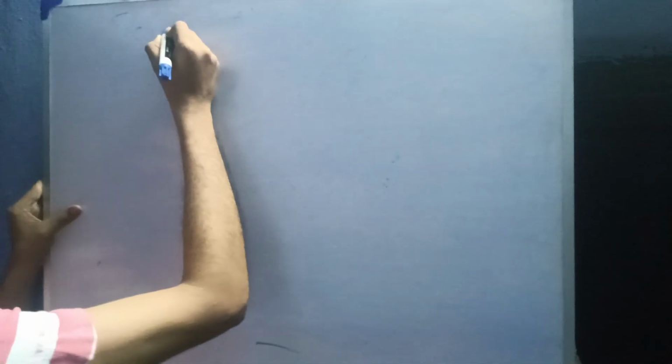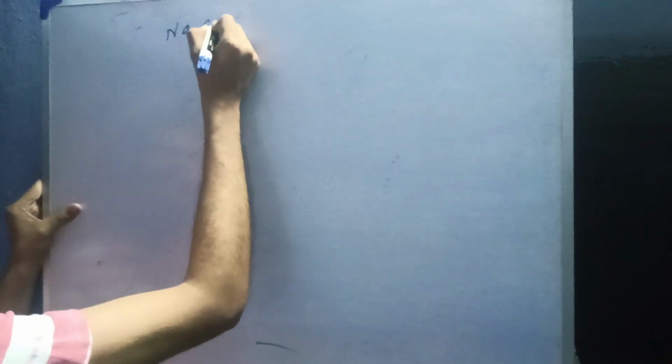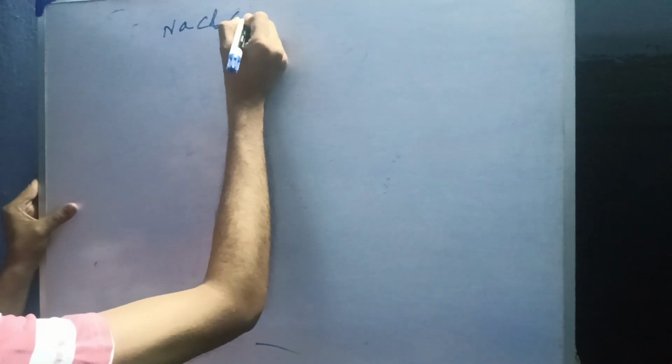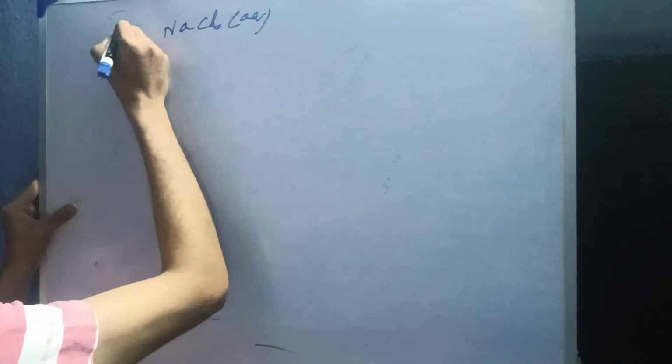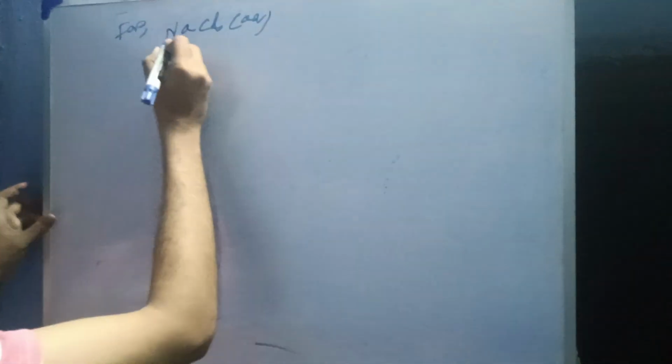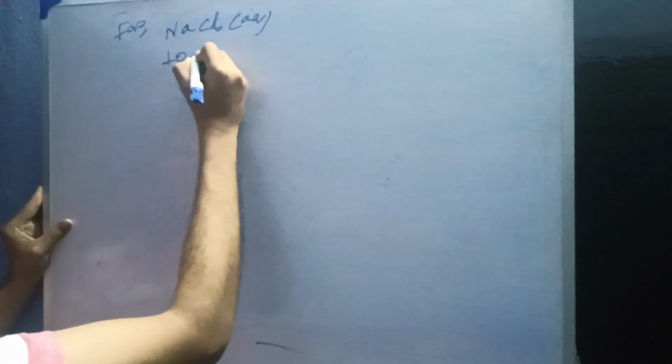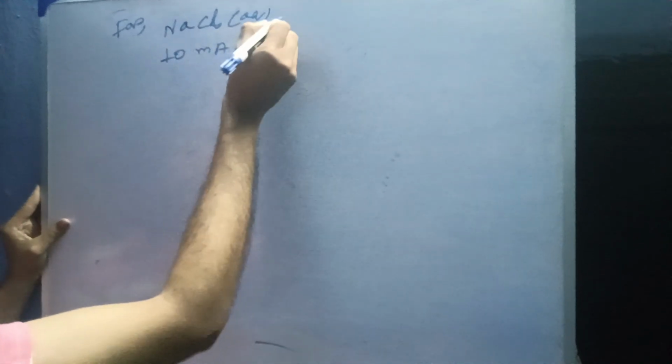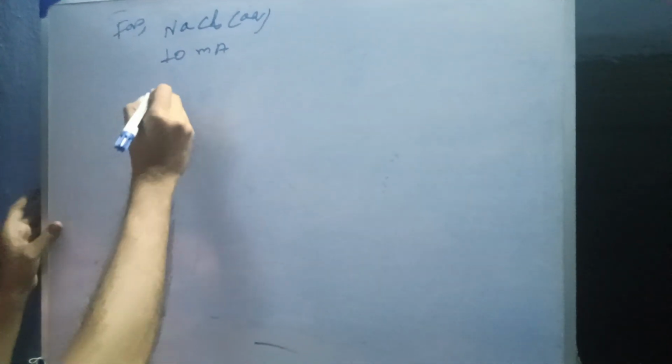Now this second question is for an electrolysis of aqueous NaCl. If 10 milliampere current is passed through this aqueous solution, then how much time is required to produce 0.01 mole of hydrogen?